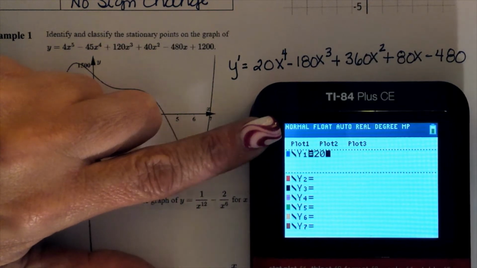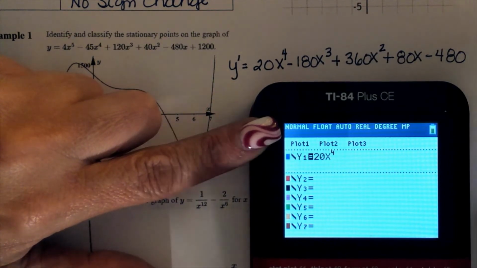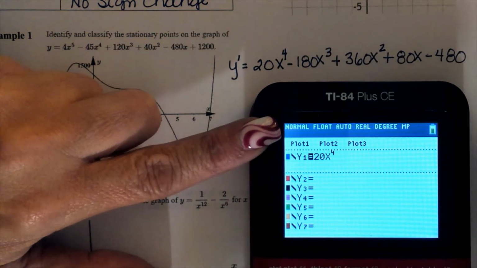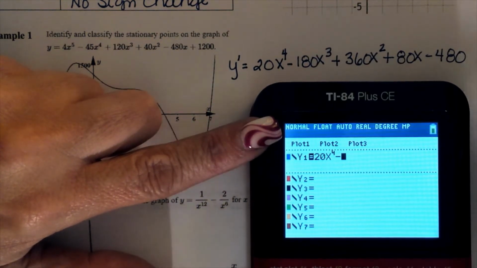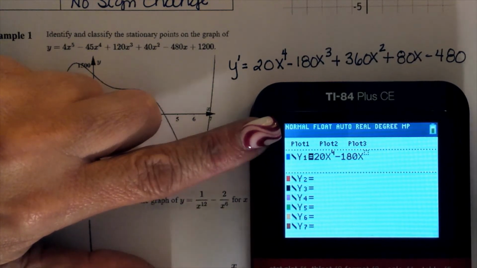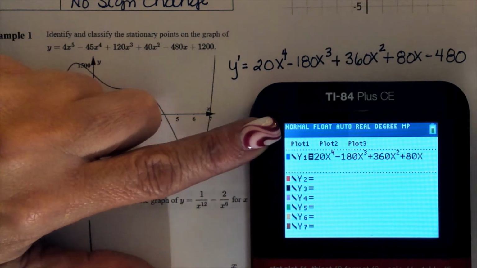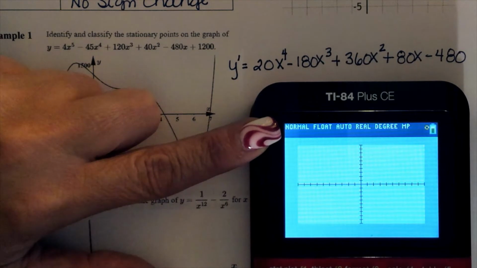Hold on. I do that all the time when I'm working these. I forget that I need to move my little calculator cursor over to the side. 180x to the 3rd, move to the right, plus 360x squared plus 80x minus 480. Okay, let's graph that.